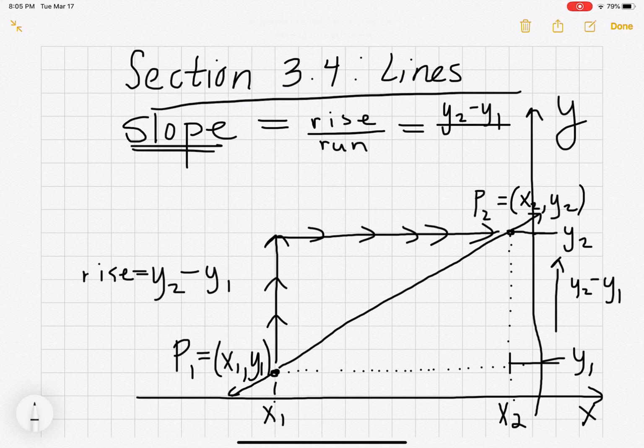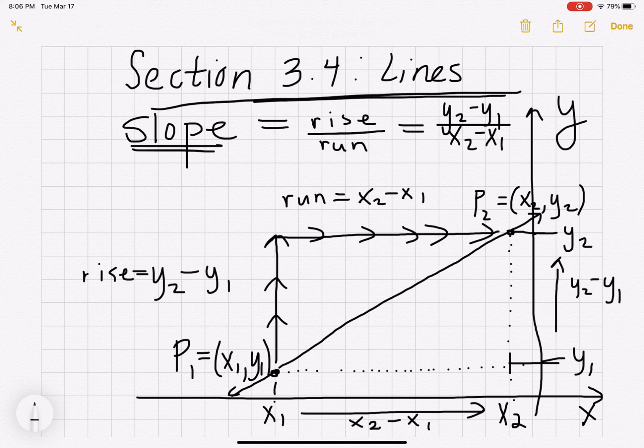Now the run, that's basically the distance from x1 to x2, right? That's going to be x2, the larger number, minus x1, the smaller number. So here is the run, looking on top. It's x2 minus x1. Now I'm going to replace the run here with x2 minus x1. So this gives me an equation for the slope.